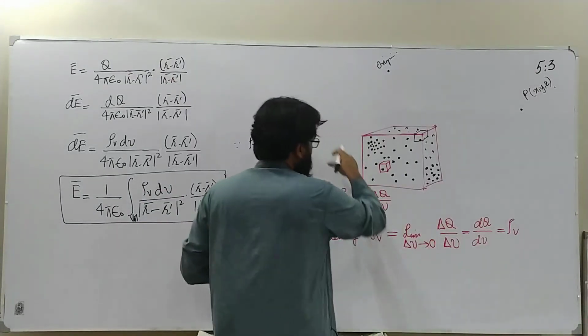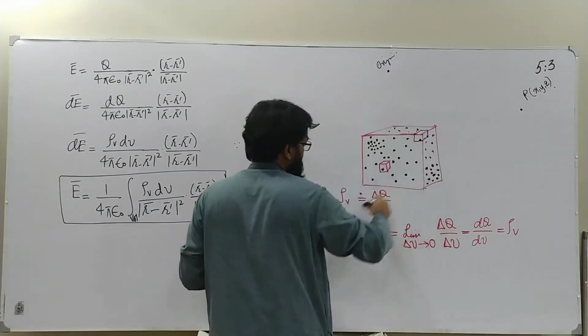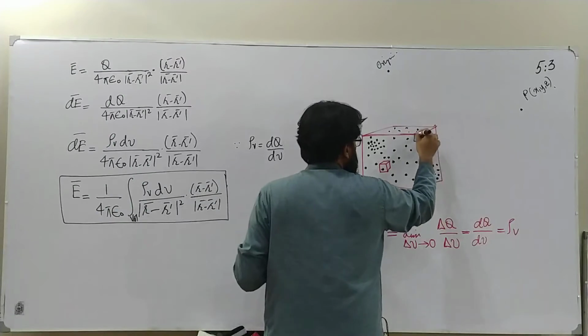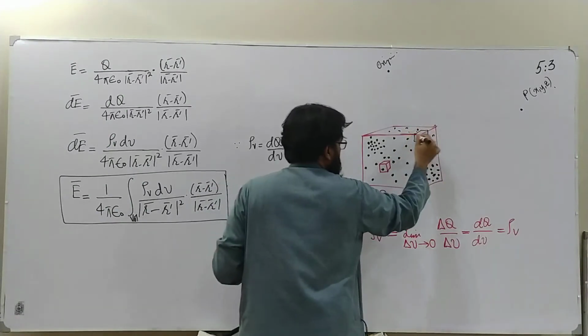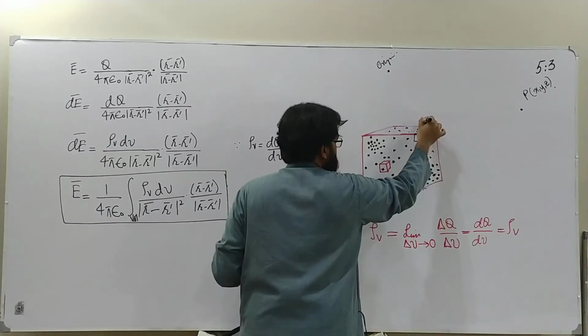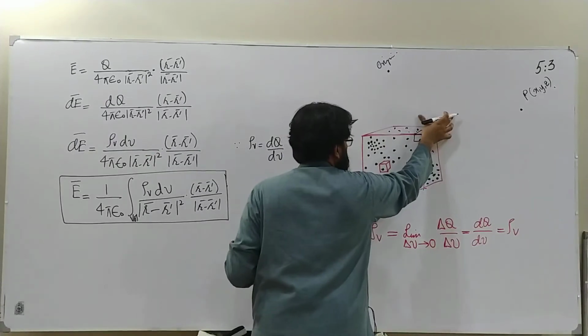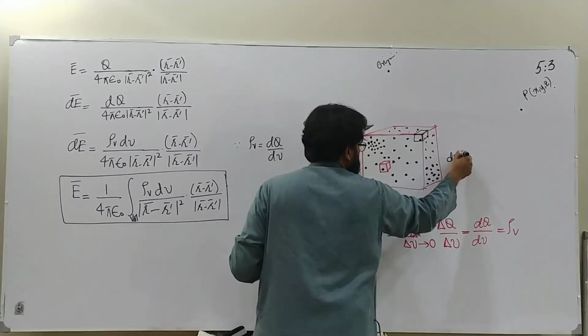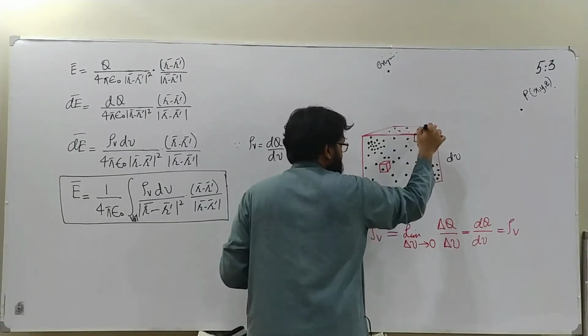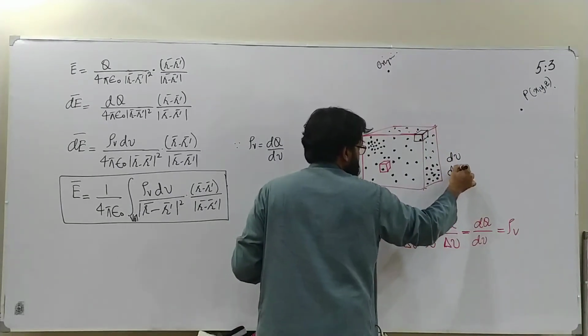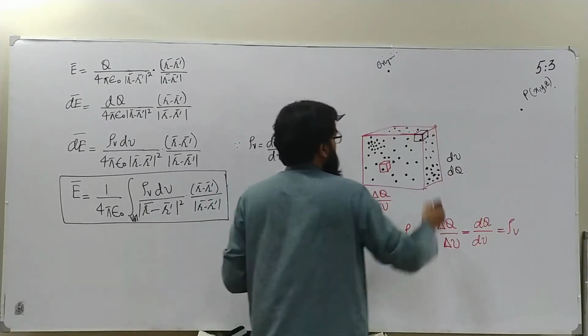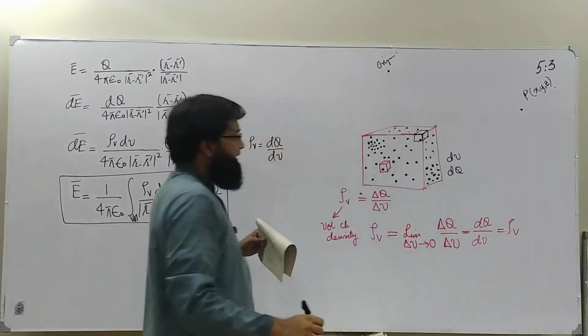So let's say I divide this whole macroscopic volume into very small, microscopic, differential volumes. In each differential volume there will be some differential charge stored, and that charge can be treated as a point charge.